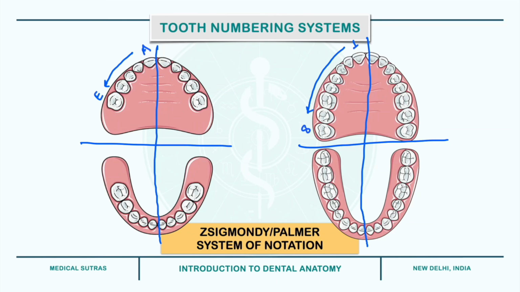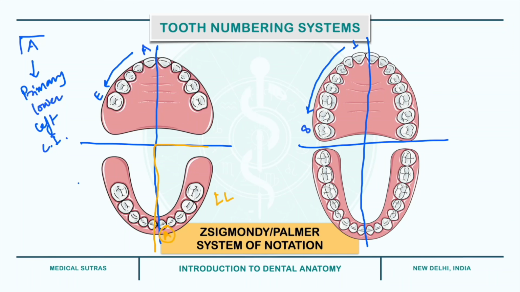So for example, if we have a notation like this saying A, now if we compare this with the quadrant, we can see that it belongs to the lower left side and A represents the central incisor. So this symbol here represents primary lower left central incisor.